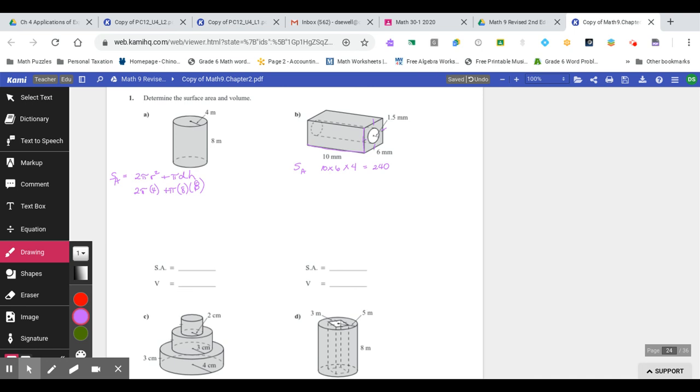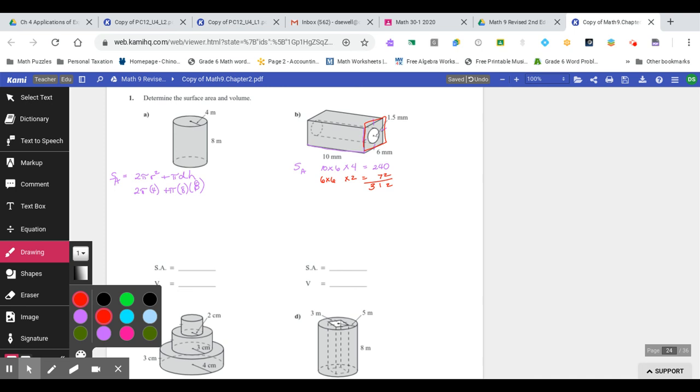And then I will have the two ends. So this end, which is 6 by 6, and I have 2 of those. So that makes 72. So my whole box without any holes in the ends is 312.